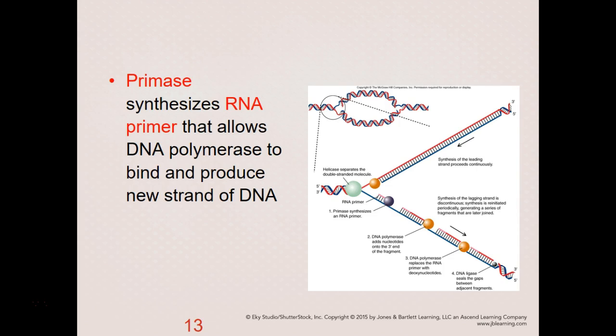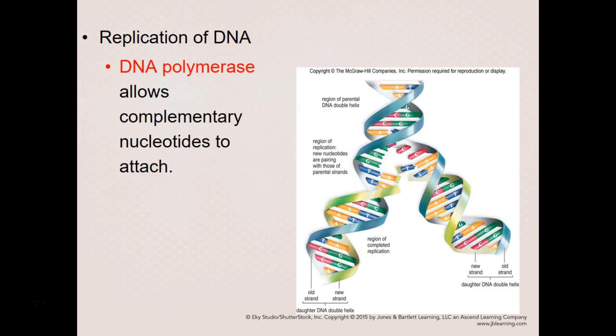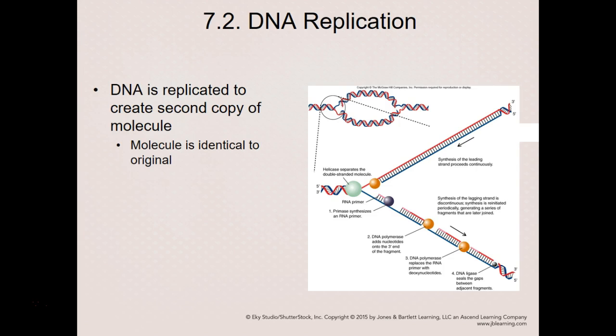This occurs on the 3' end only. And then DNA polymerase comes along and attaches to the area where the RNA primer was. It digests the primer and then allows nucleotides to come in that are complementary to the parent strand that it's attached to.